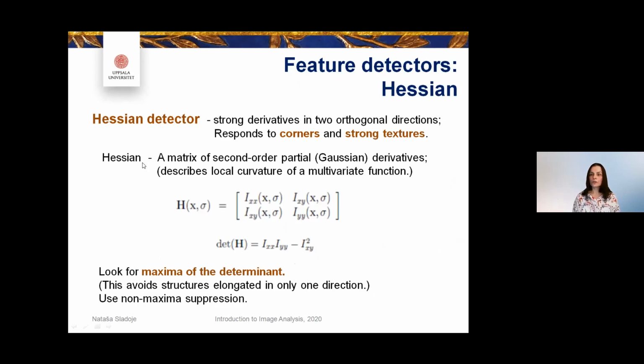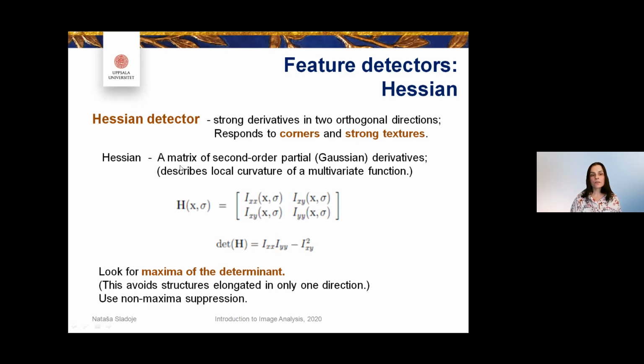What are the available algorithms that can help us to find such feature points? The first one we are mentioning is Hessian. Hessian is a matrix of second-order partial derivatives, and since we know that images are usually quite noisy and we can't avoid presence of noise, I am reminding here that we typically use Gaussian derivatives, which means that we are smoothing our image first and then computing derivatives.